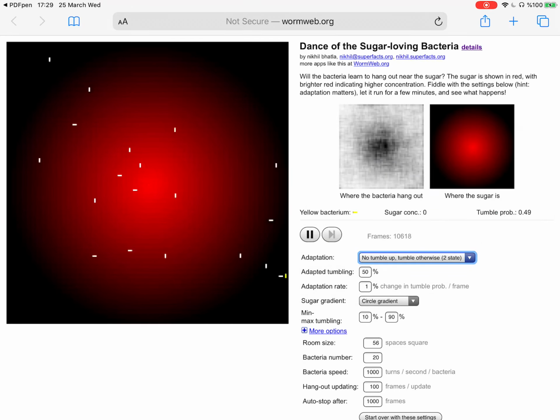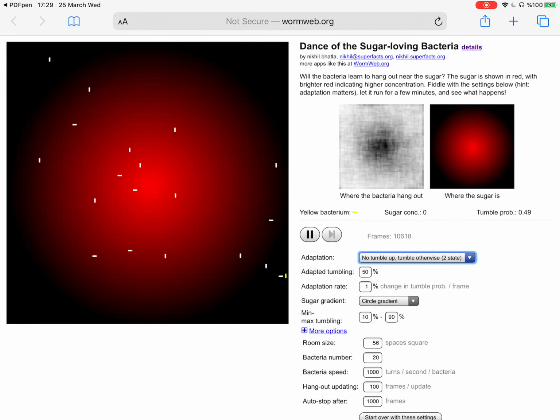It's not a differential equation system like we've been doing. It's a more discrete kind of if-then type of program, but it simulates what would happen if you did this with differential equations. So the details are, there's a link in the top right just next to the title, so you can click that if you're interested.